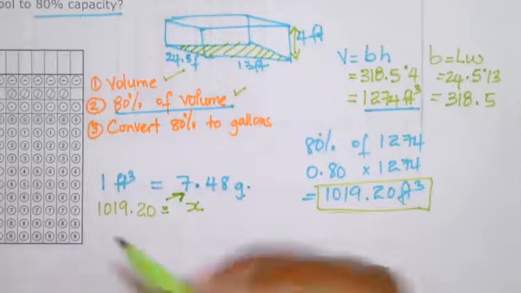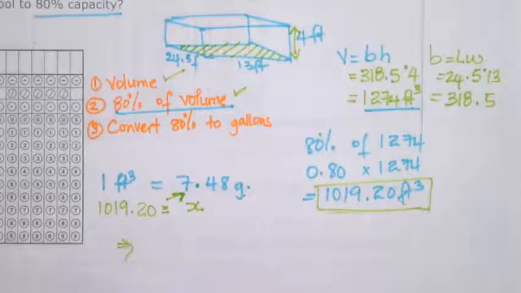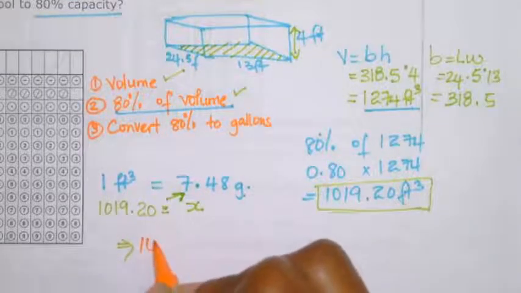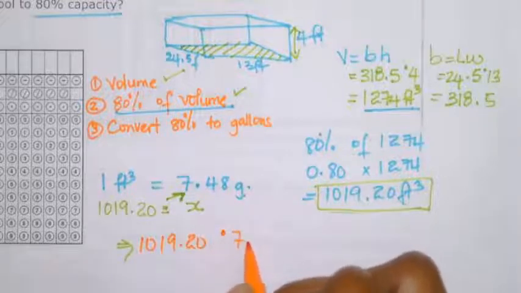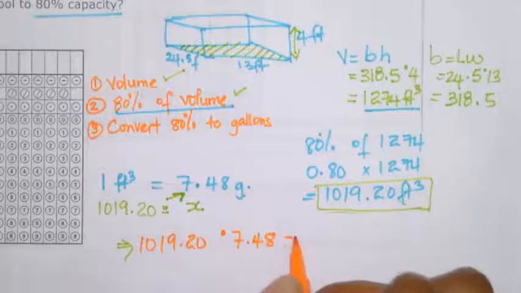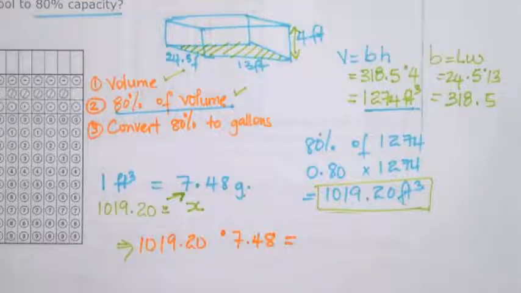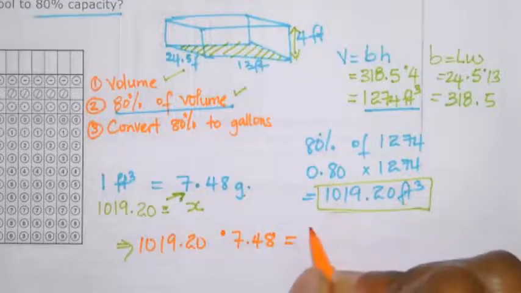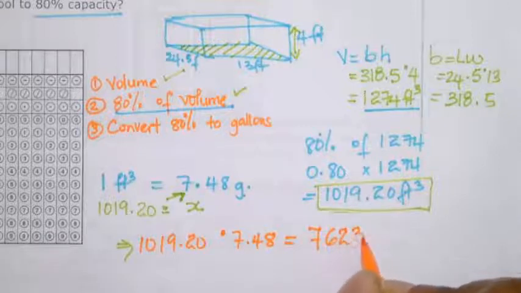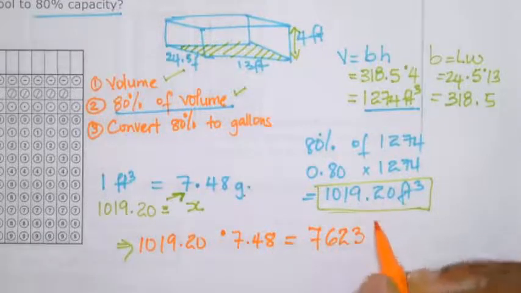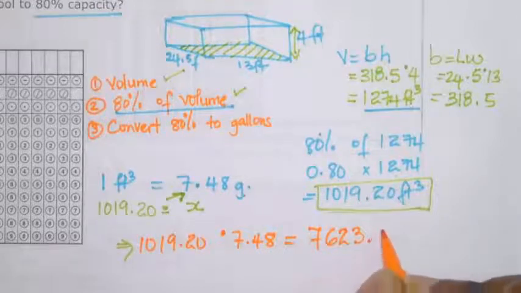So it's going to be 1,019.20 times 7.48, which gives us 7,623.6 gallons.